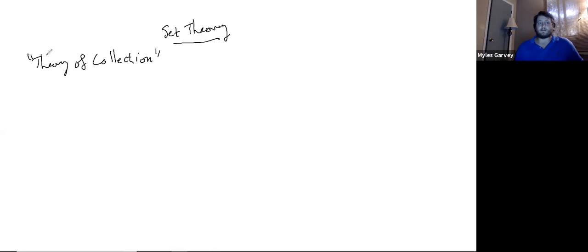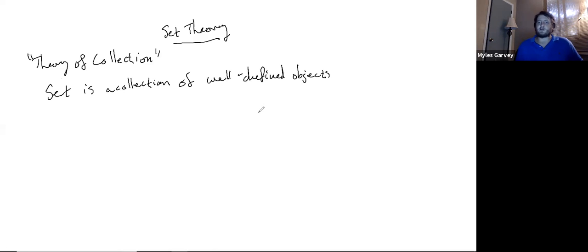So again, set theory is about this whole general notion of a collection. The definition of a set is a collection of what we call well-defined objects. The way that we usually represent sets in set theory is through capital letters.